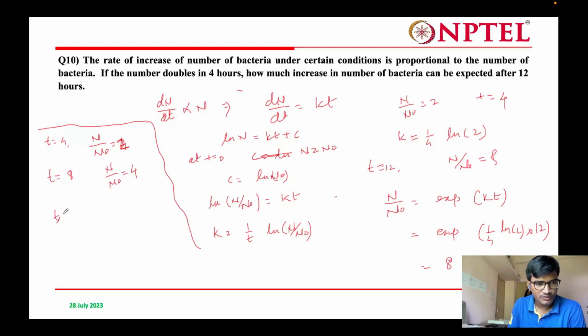Now t is equal to 12 hours, and N by N naught is 8. So the number of bacteria can be expected after 12 hours is 8 times.